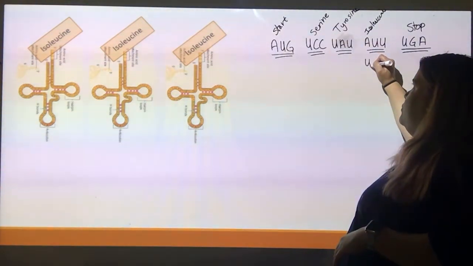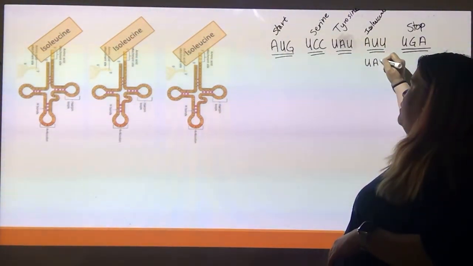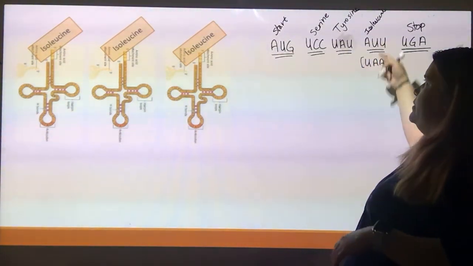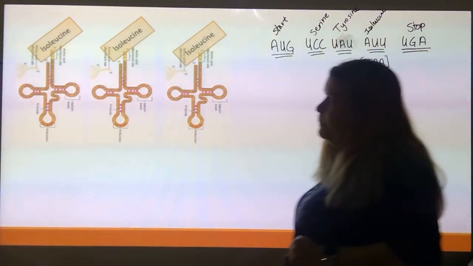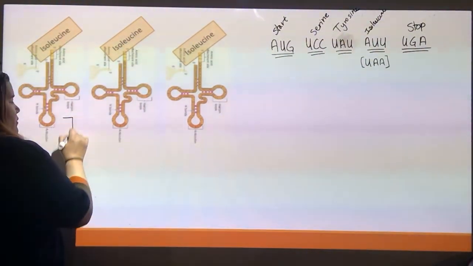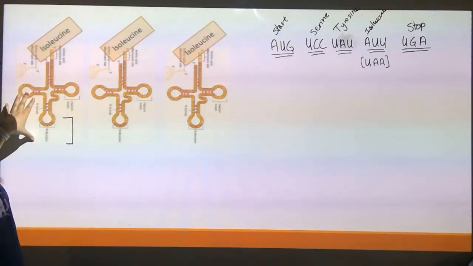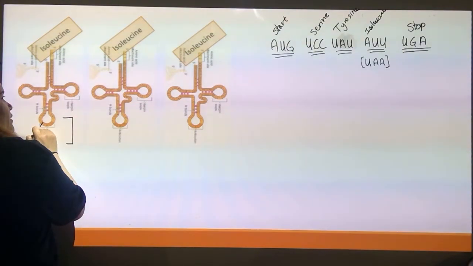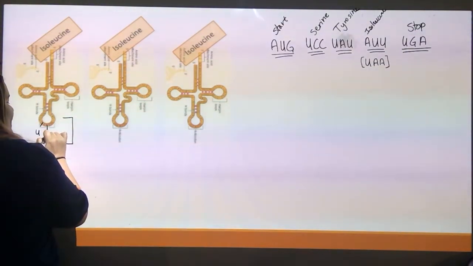Across from A goes U, across from U goes A. I would need a UAA to complement that. The anticodon portion of my tRNA has the complement. So this would be UAA.